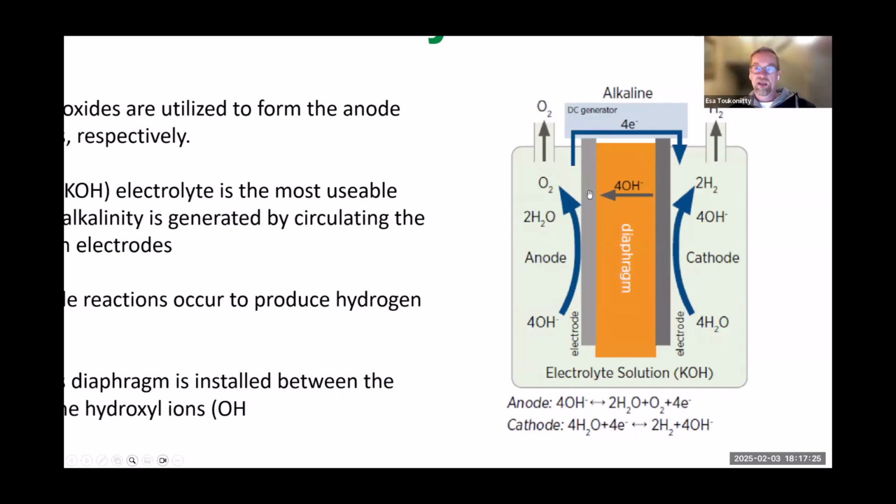In each of these electrolyzers, there is a diaphragm, some material that prevents direct connection between these two electrodes. Also, hydroxyl ion mobility from the anode to the cathode is happening here.